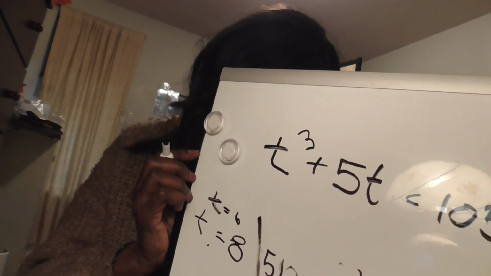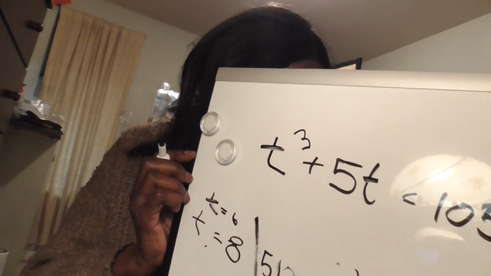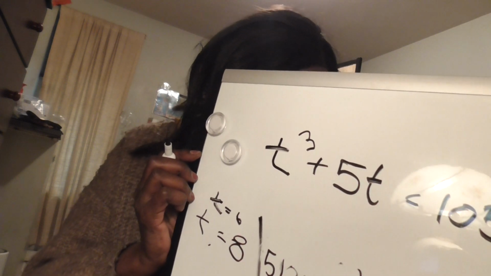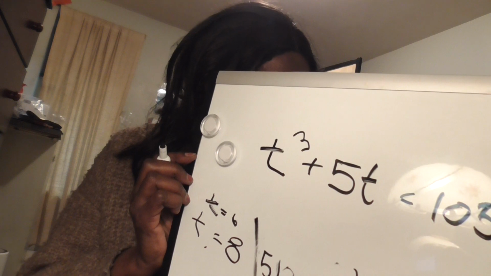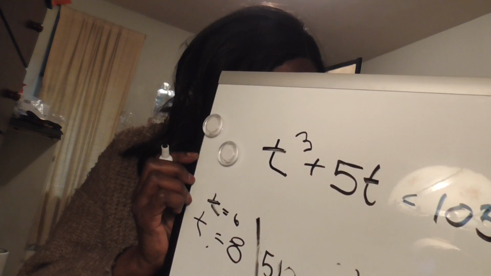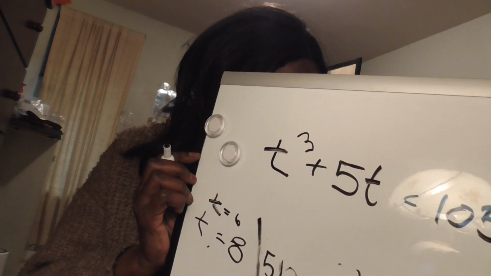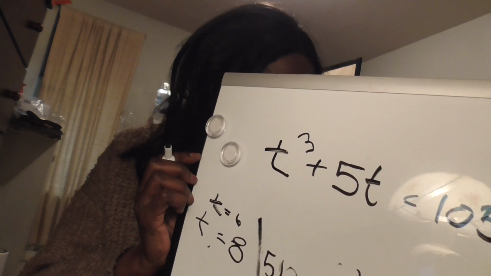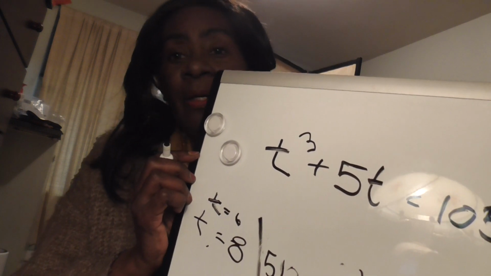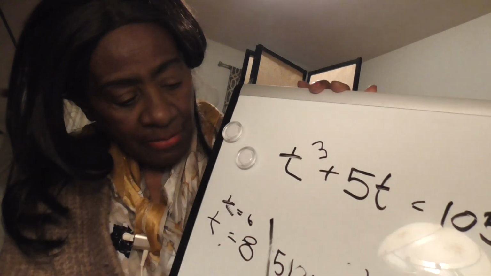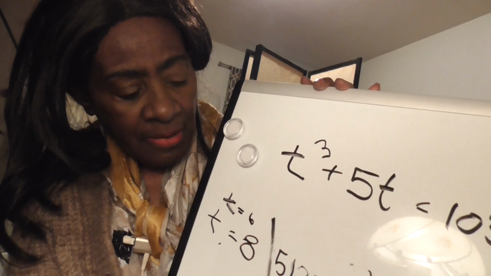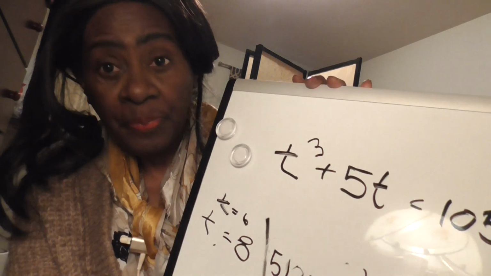If you add 512 plus 40, you come up with 552, right?